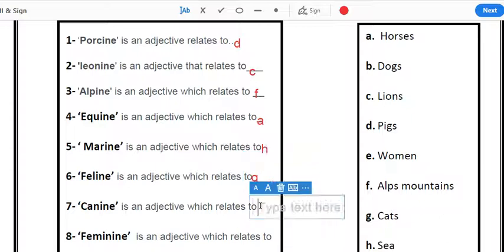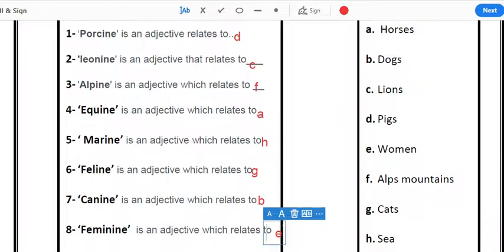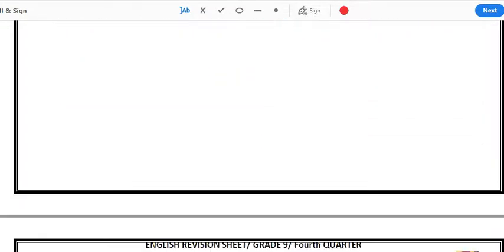Canine relates to dogs, it will be B. Feminine relates to women, of course. Try to remember what you know, choose first the things that you are sure of, and leave the things that you are not sure of. This means you are shrinking the trouble.